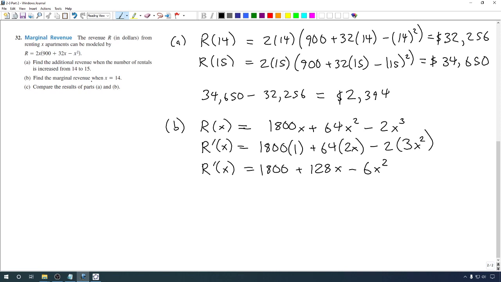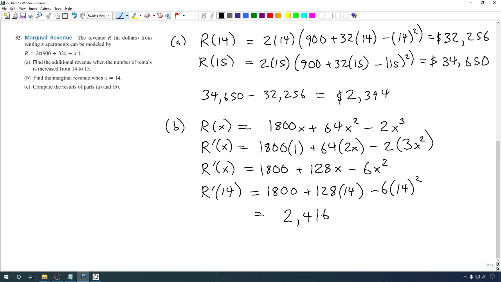Of course, they want specifically the marginal revenue when x equals 14. So go ahead and plug 14 into this function. And of course, we're going to use a calculator here just to save us the work. And the answer I got was 2,416. Now here, this is in dollars.